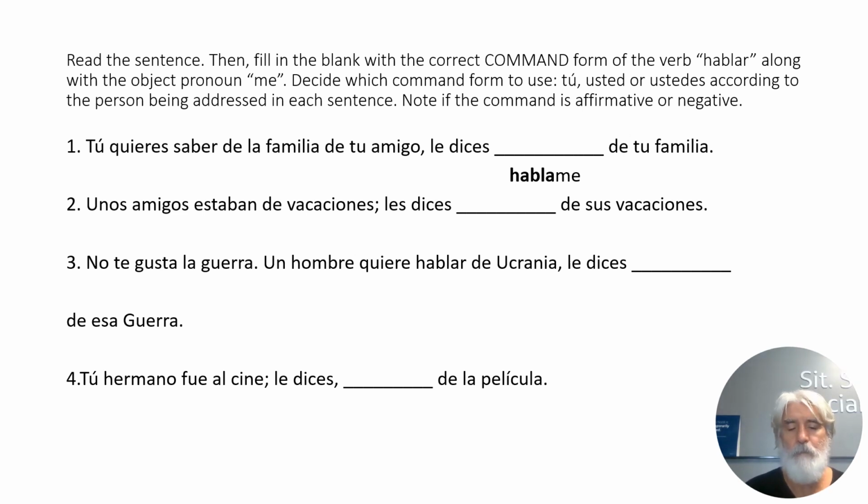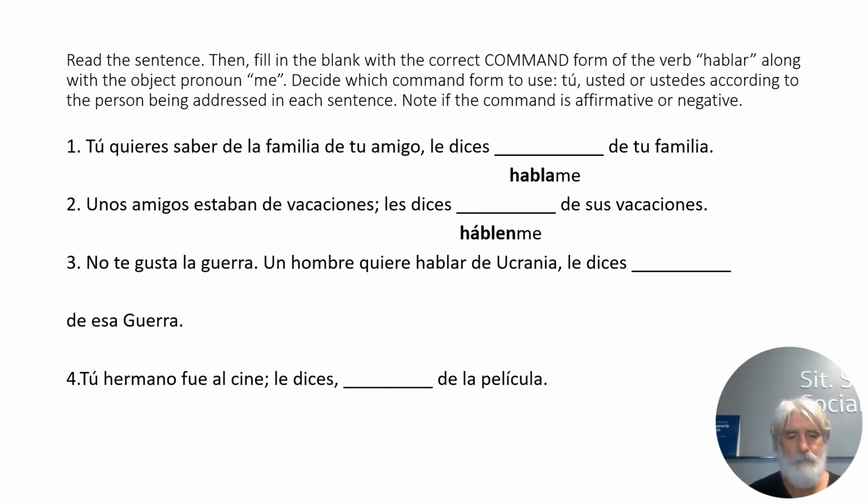Okay, so tell me about your vacation. So what is the command form, the plural ustedes command form for hablar? Hablen. Okay, so now it's háblenme. Tell me about your vacation.